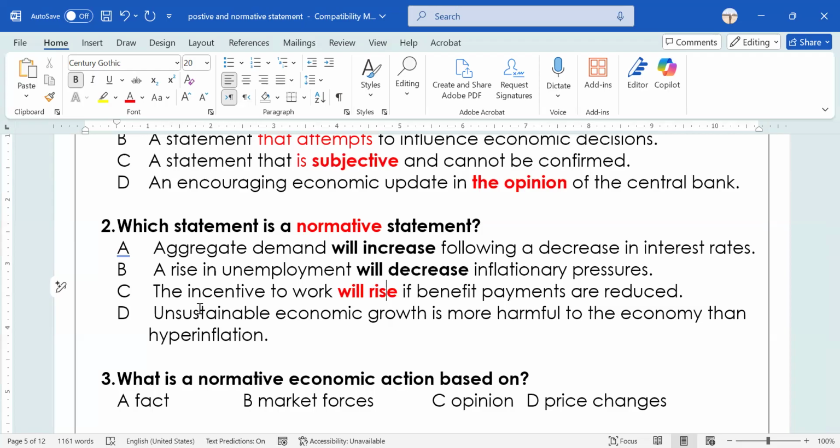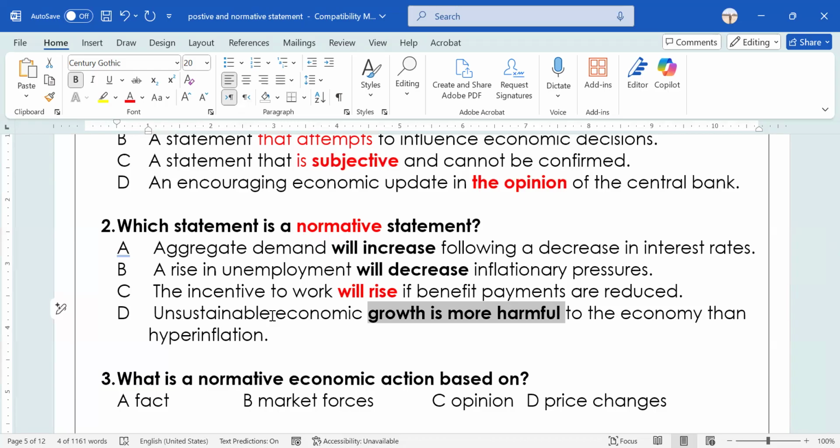Now, how about letter D? Unsustainable economic growth is more harmful to the economy than hyperinflation. When we say unsustainable economic growth, it means growth that cannot continue long term, because you have the word unsustainable, which might cause problems like pollution, like debt.